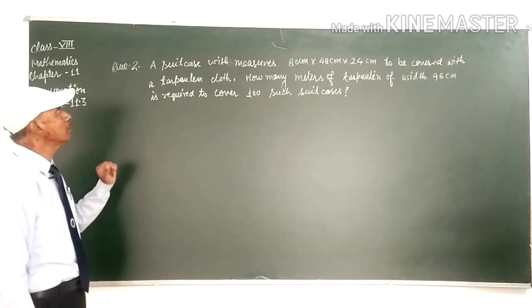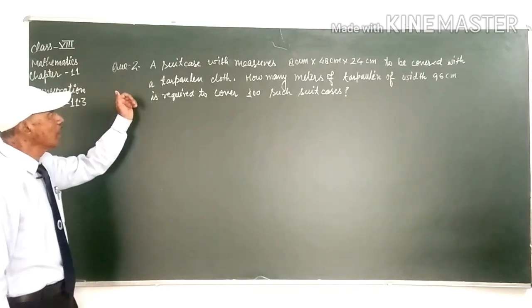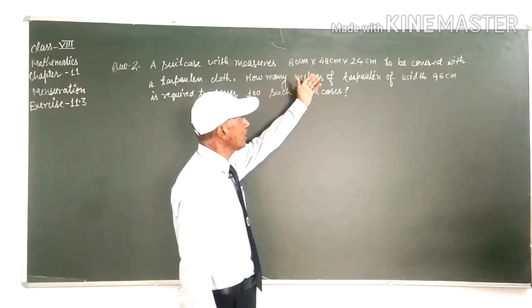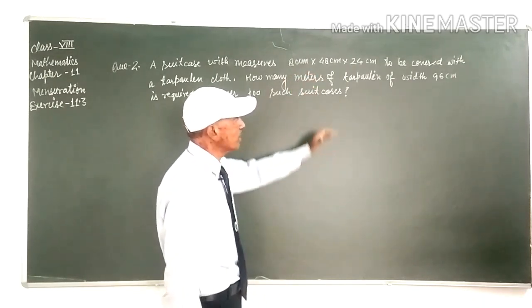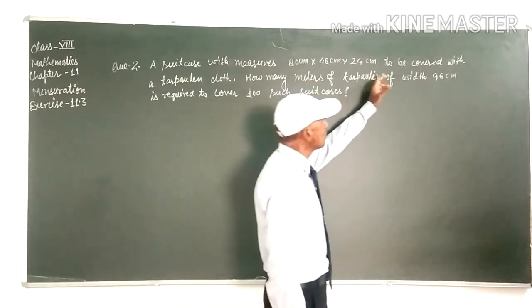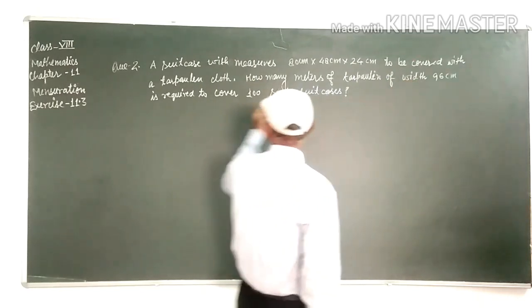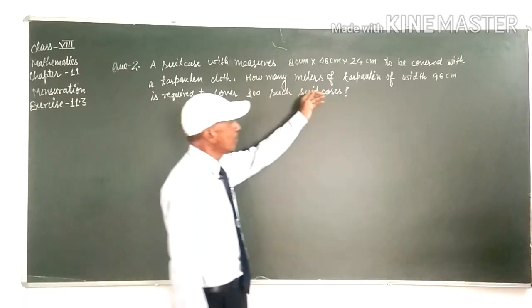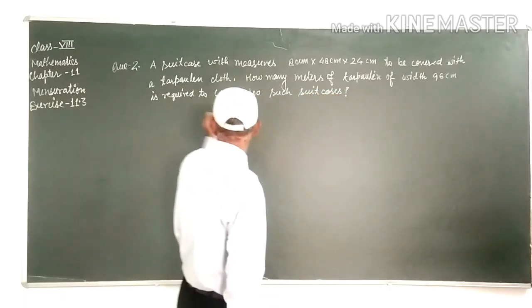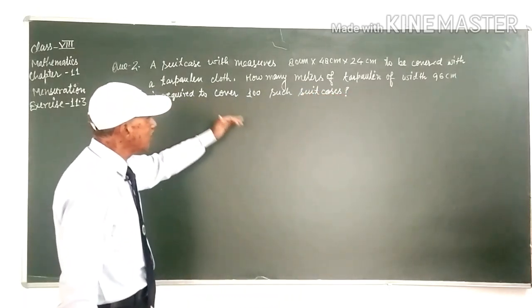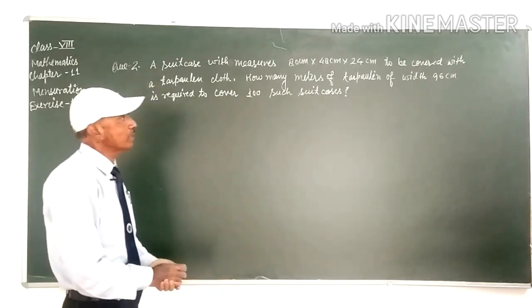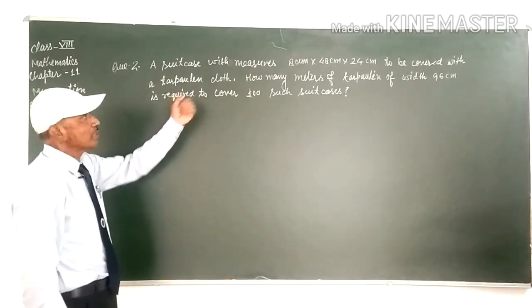And in this question a suitcase with measures 80 centimeter, 48 centimeter and 24 centimeter is to be covered with a tarpaulin cloth. How many meters of tarpaulin of width 96 centimeter is required to cover 100 such suitcases?